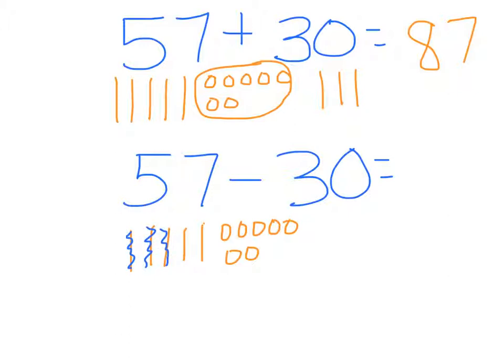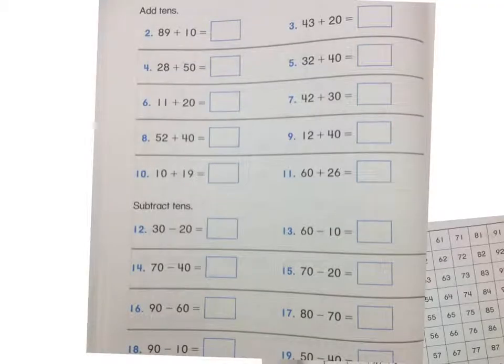Let's see what we have left. 10, 20, 21, I know there's 7, but let's just count them. 22, 23, 24, 25, 26, 27. Did you get 57 take away 30 is 27? Great job, guys.